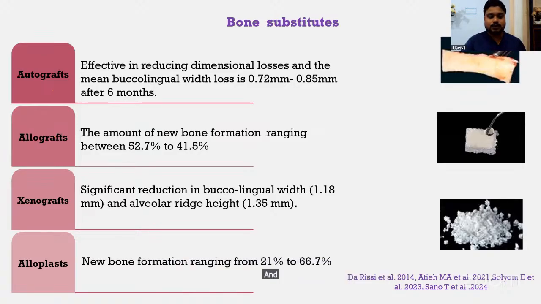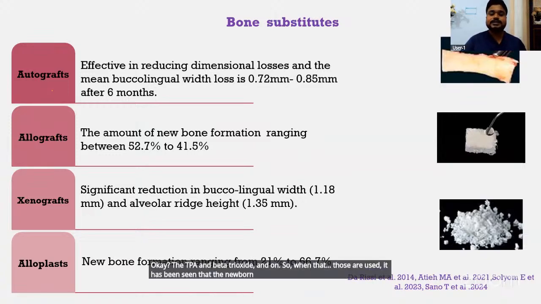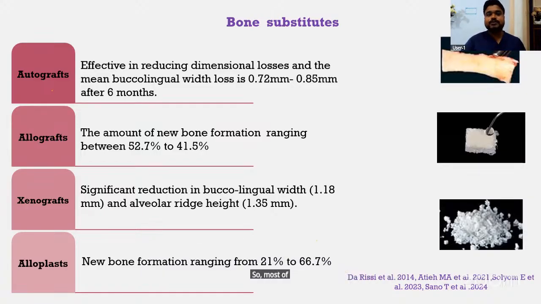And coming to the alloplast. What is alloplast? The synthetic bone. Okay, the TCP and beta tricalcium phosphate and all. So when those are used, it has been seen that new bone formation is seen up to 21 to 66%. So most of the studies have used it in combination.